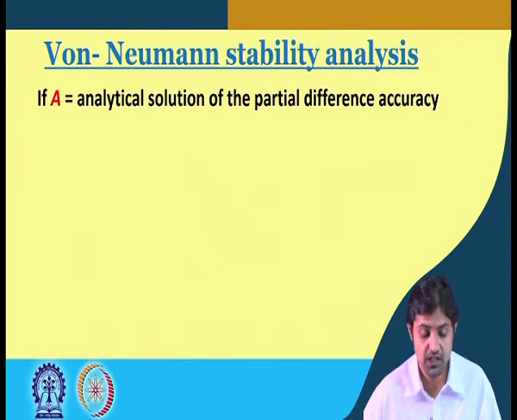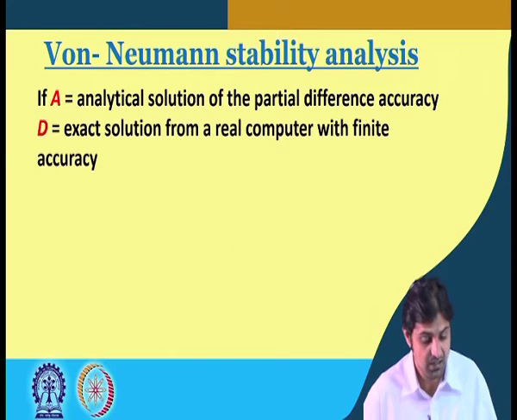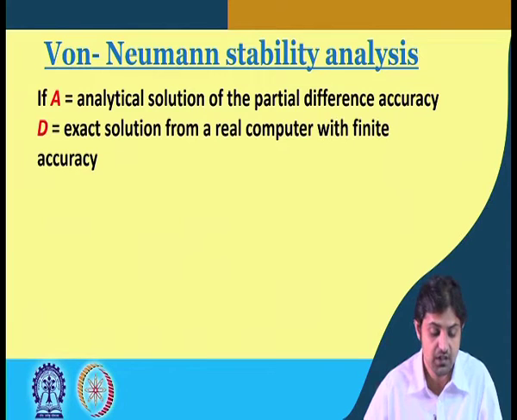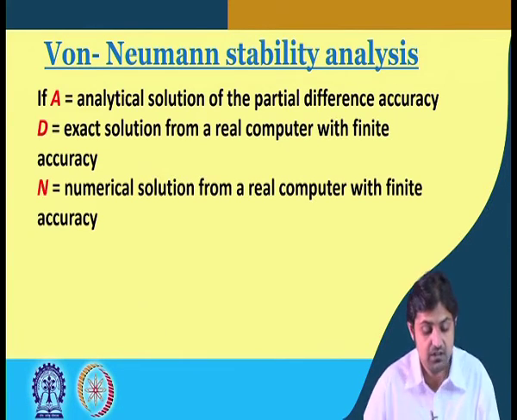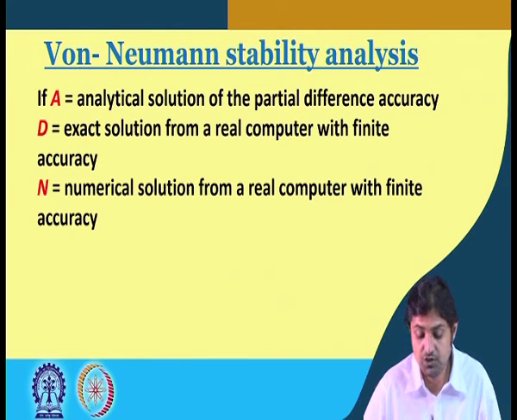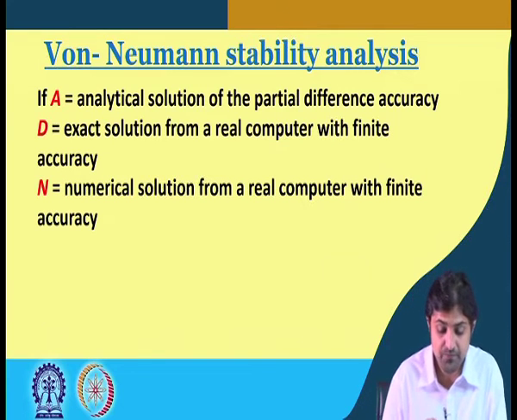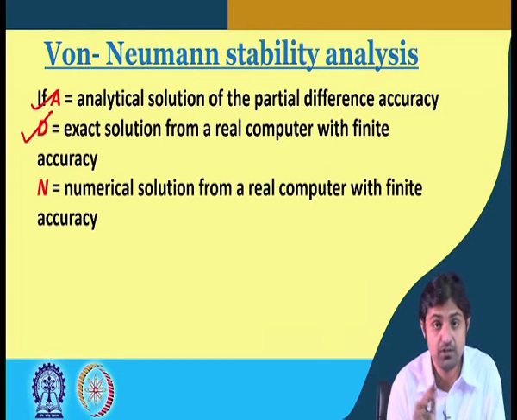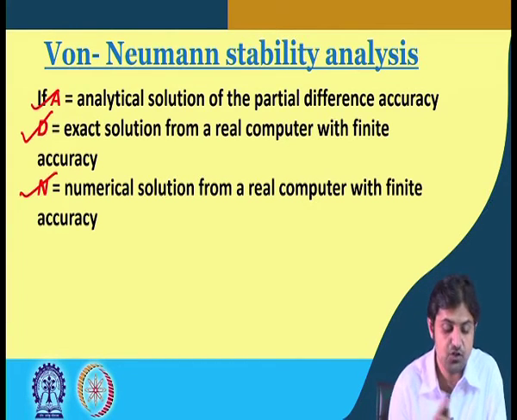Say A is the analytical solution of the partial differential equation, D is the exact solution from a real computer with finite accuracy, and N is the numerical solution from a real computer with finite accuracy. So A is the analytical solution, D is the exact solution, exact meaning perfect solution, and N is the numerical simulation.